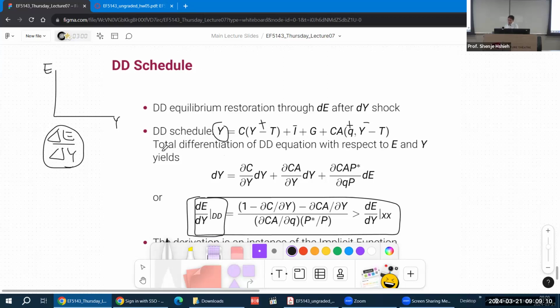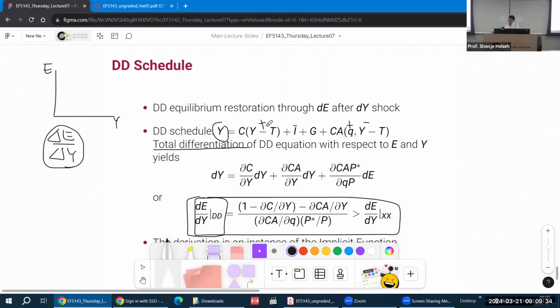And to do this, we use a theorem or a technique called total differentiation, in which we take the derivative of Y with respect to every parameter available. Here the two parameters we really care about are just Y and Q. So let's go ahead and do total differentiation on Y and Q. How do you do that?